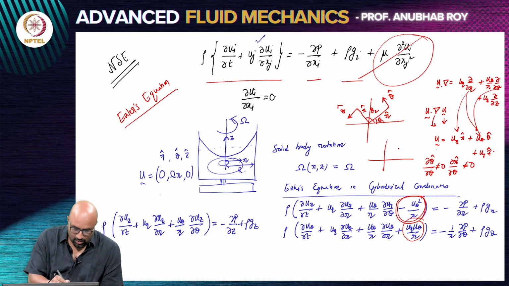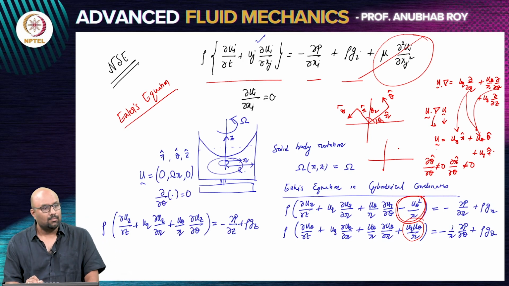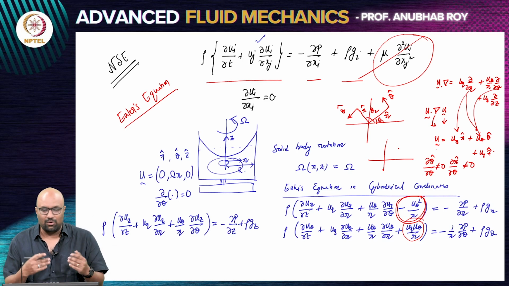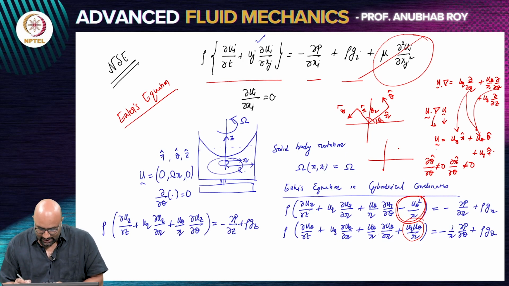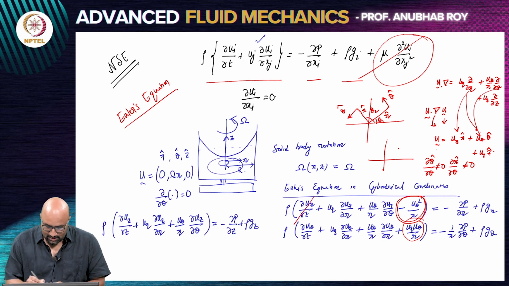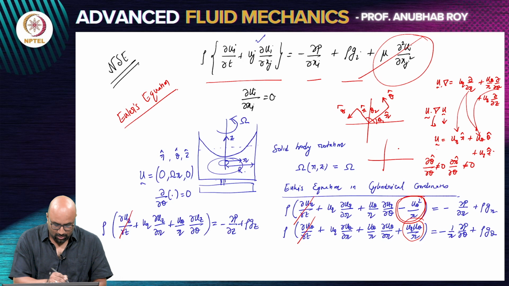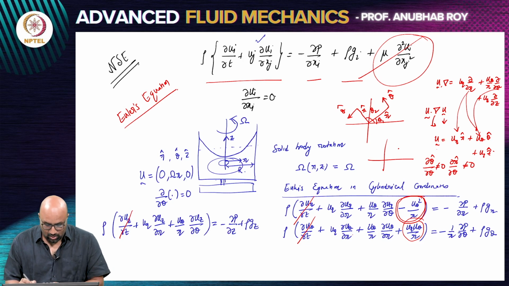And the flow is axisymmetric. Axisymmetric means that there is no angular dependence in theta. When you are having the flow in the beaker, the flow in the beaker looks identical everywhere. So let's look at these terms. We are looking at steady state, which means all these terms are going to go away. There is no u r.